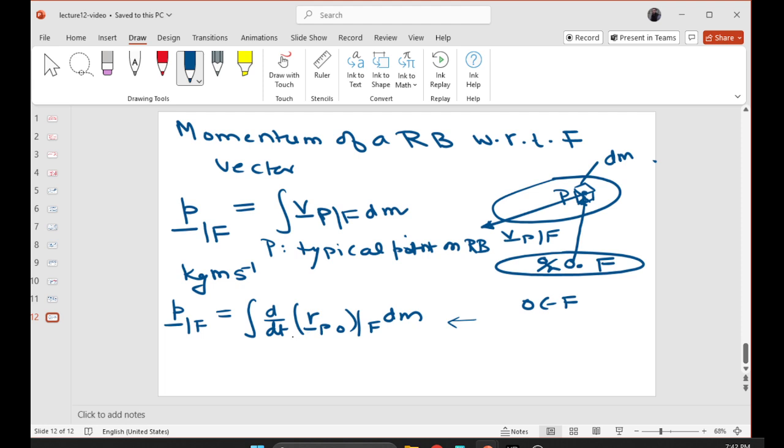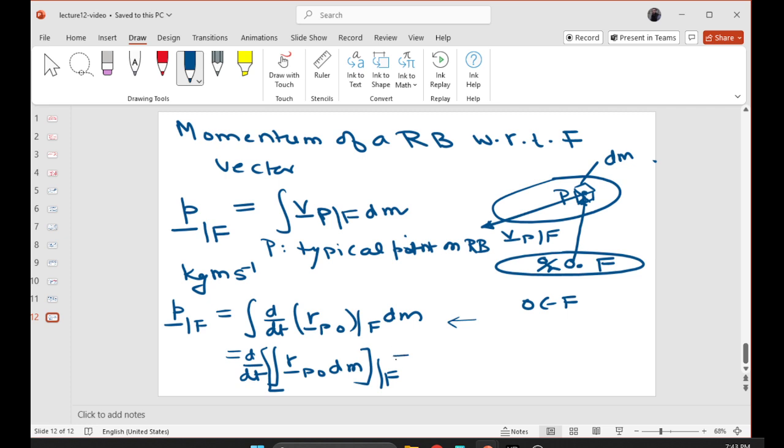We can change the order of these two operations, the time derivative and the integration. I can pull out the time derivative operator, do this integration first, and then let the time derivative operator act on the resulting vector.